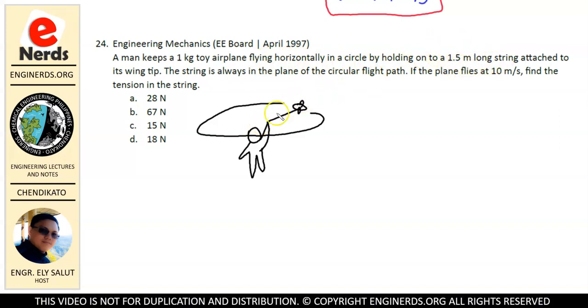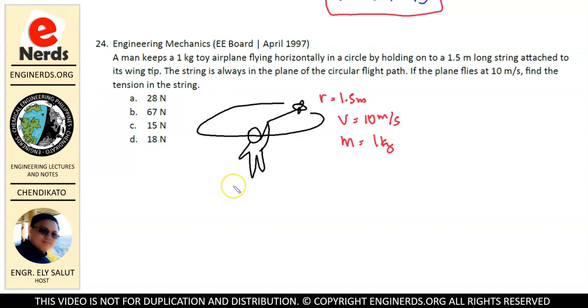So that will be the radius of our circle here. So the radius is equal to 1.5 meters. Then we have our velocity, which is 10 meters per second. And the mass of our toy airplane is also given: mass is equal to 1 kilogram.